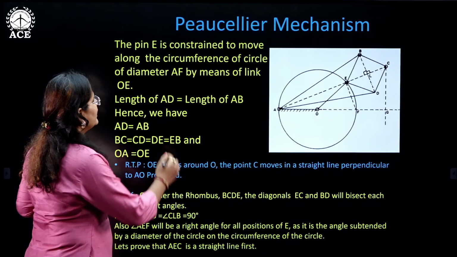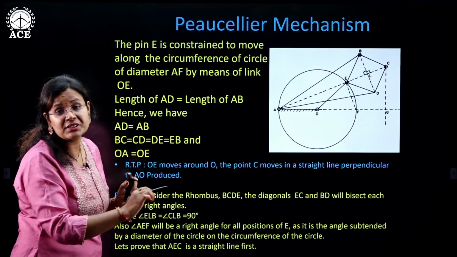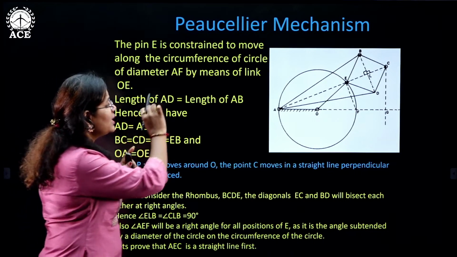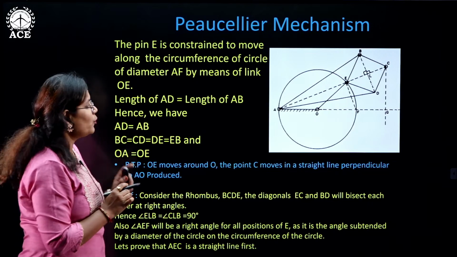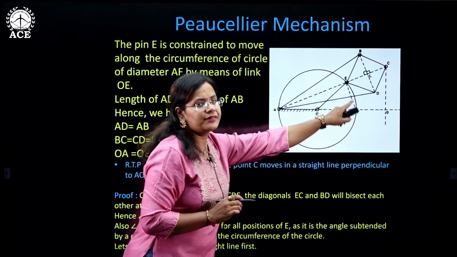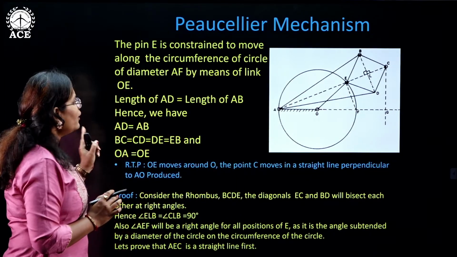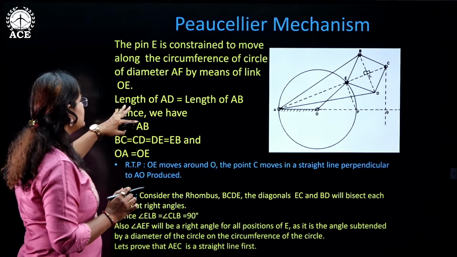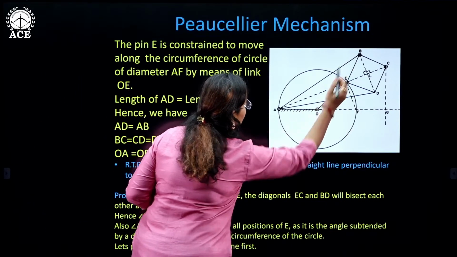We say that point E is constrained to move along the circumference of the circle. That is what I told you. It is completing one whole circle. We know what that is called. E is constrained to complete one whole revolution about the point O only. Now here, there are a few more constraints: the length of AD is equal to AB.